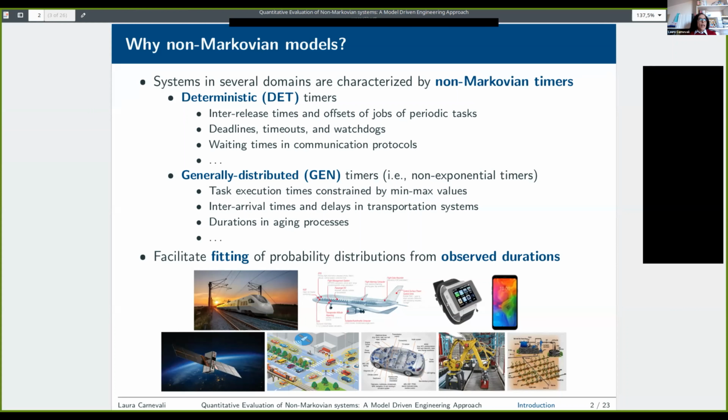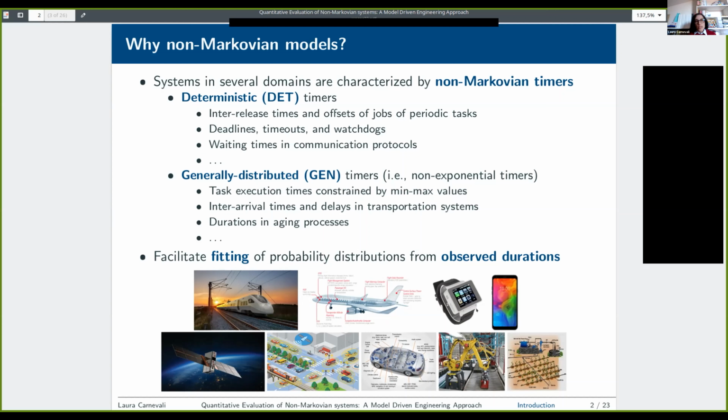Another point in favor of using non-Markovian temporal parameters and non-Markovian distribution is that they facilitate fitting of distributions from observed data, from observed durations. So roughly speaking, if you have an exponential distribution, then you have one free parameter, which you can use to fit the mean value.